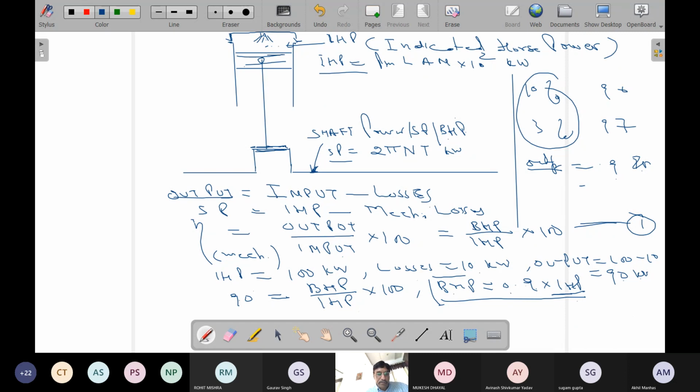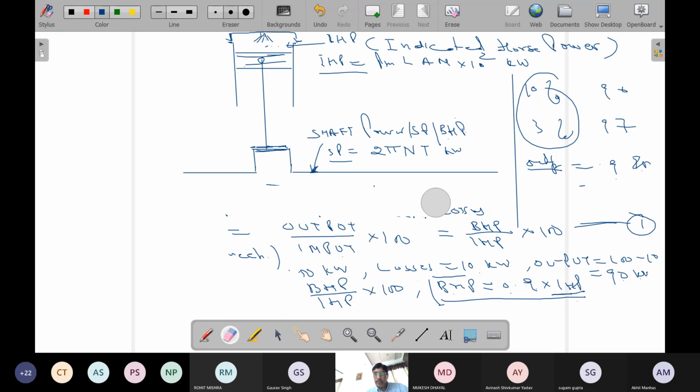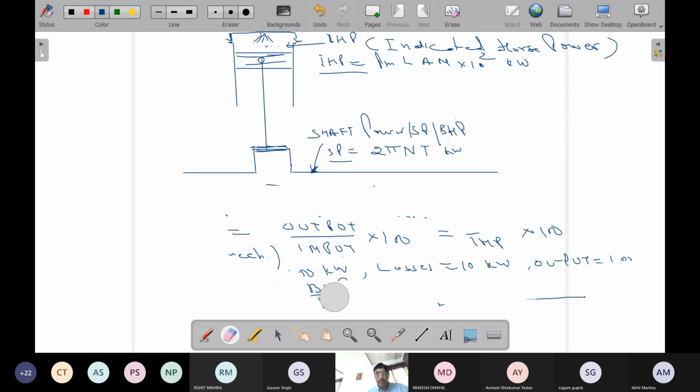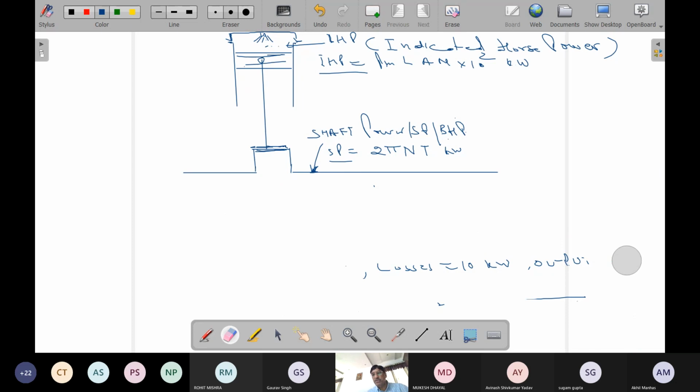So now we move forward. All this will be used in numerical, so it is better to understand. No need to mug up.